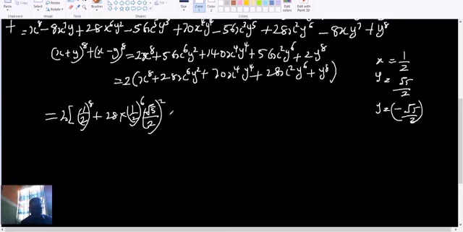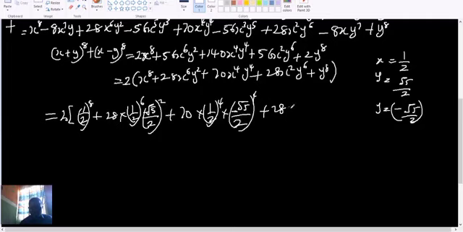So plus 70 times 1 over 2 raised to power 4 times root 5 over 2. It will still give you, whichever one you use, raised to power 4.